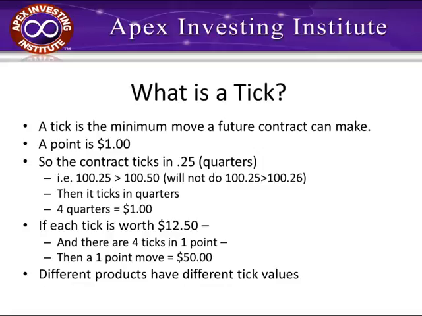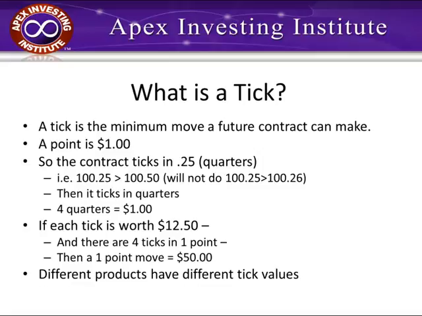On the S&P 500, and we're going to go over this a couple of times to make sure you get it, the contract ticks in quarters. Let's say any contract ticks in quarters. It would go from $100.25 to $100.50. It wouldn't go from $100.25 to $100.26. It's not moving in cents, it's moving in ticks, and that tick is a quarter.